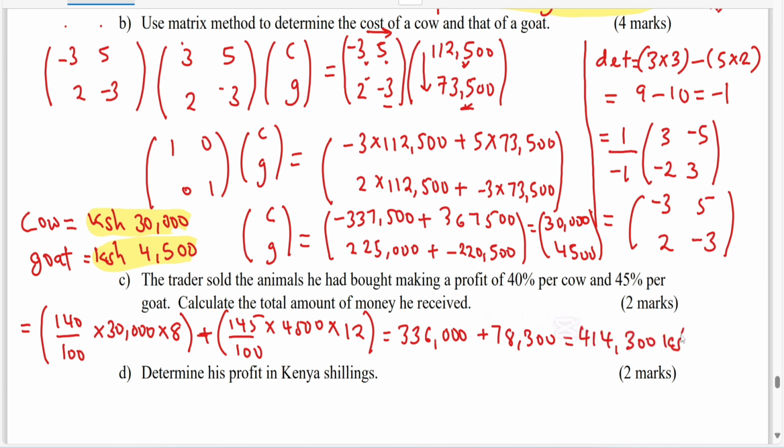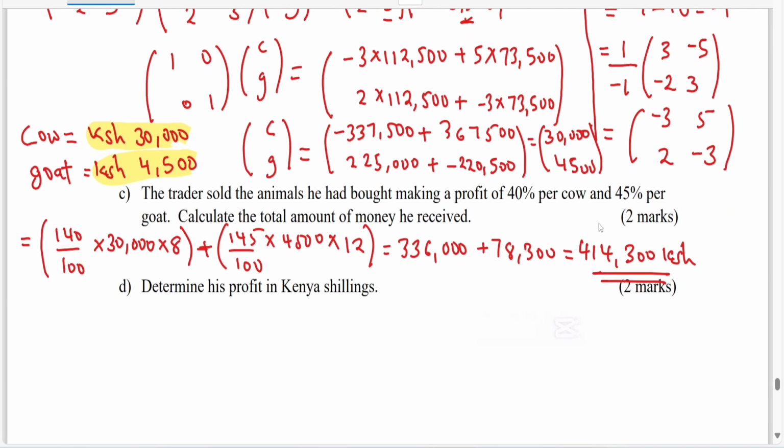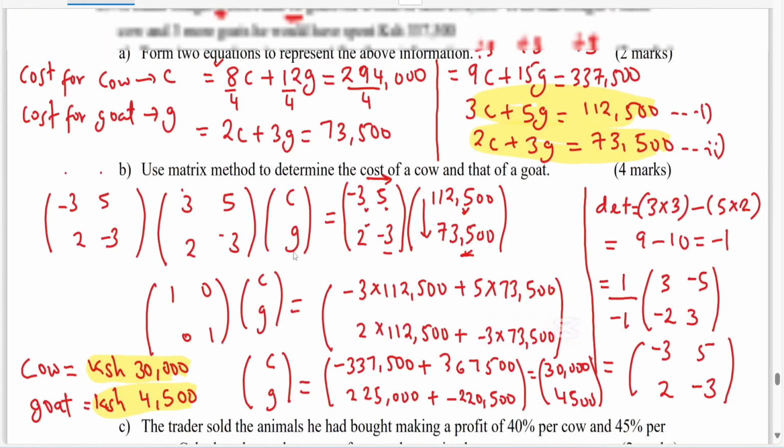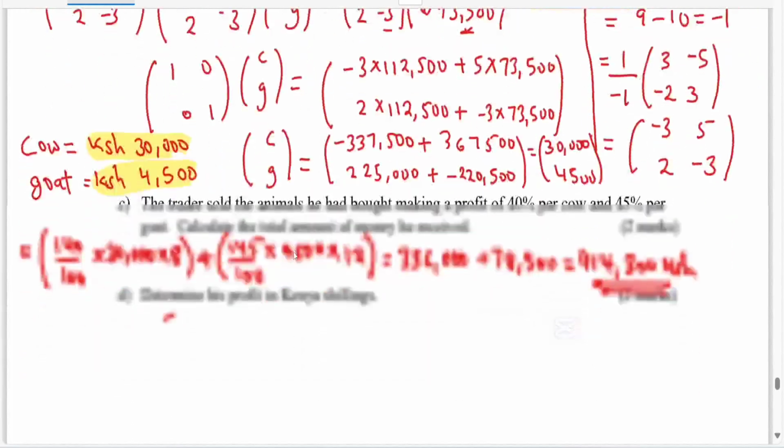414,300 Kenya shillings. Haya, swali la mwisho, determine his profit. Swali rahisi. Okay, determine his profit in Kenya shillings, which is easy. So you take the sales minus the cost incurred. So 414,300, the cost that he incurred in buying is just that 294,000.